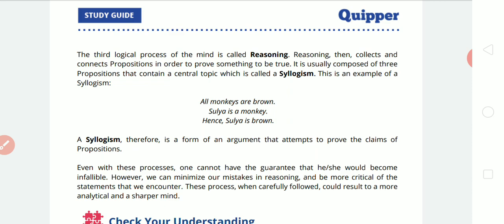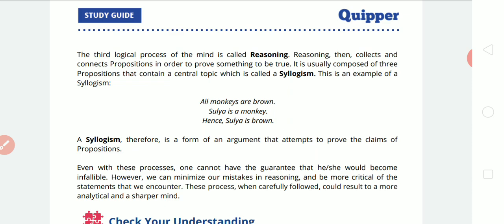Even with these processes, one cannot have the guarantee that he or she would become infallible. Even if we employ these three mental processes of Aristotelian logic, we are still not immune to making mistakes, because infallible means incapable of making mistakes or being wrong.